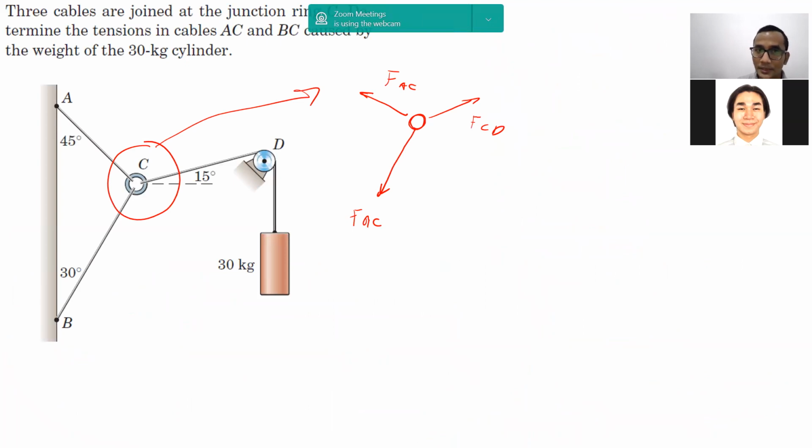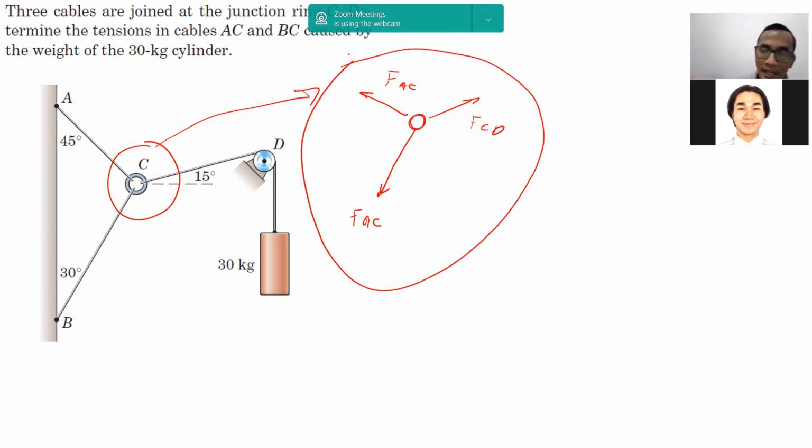For this particular example, we discussed it as well. We need to solve this problem step by step. First, we have to know the tension between the 30 kilogram mass and point D, and then we need to find the tension CD from the pulley D, and after that we solve for the equilibrium at the ring, in order to solve for FAC and FBC.